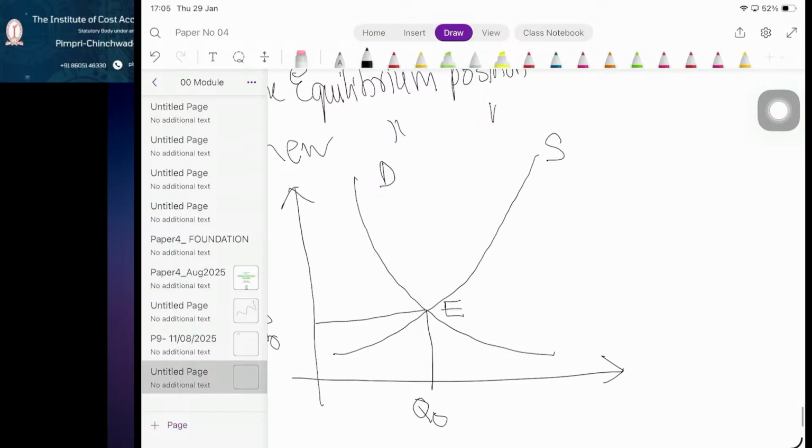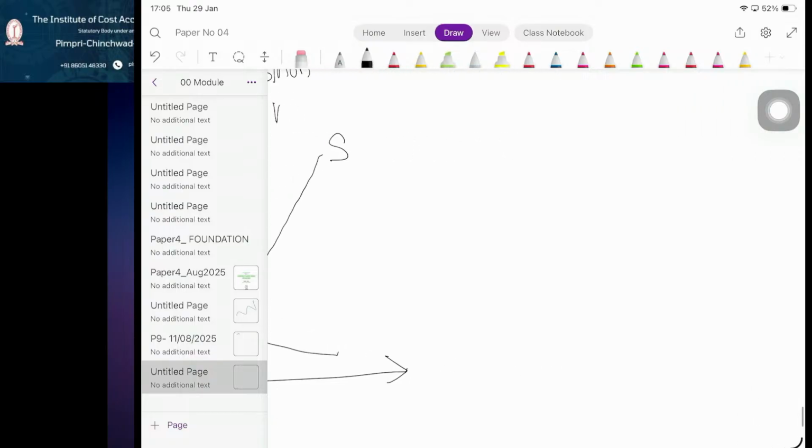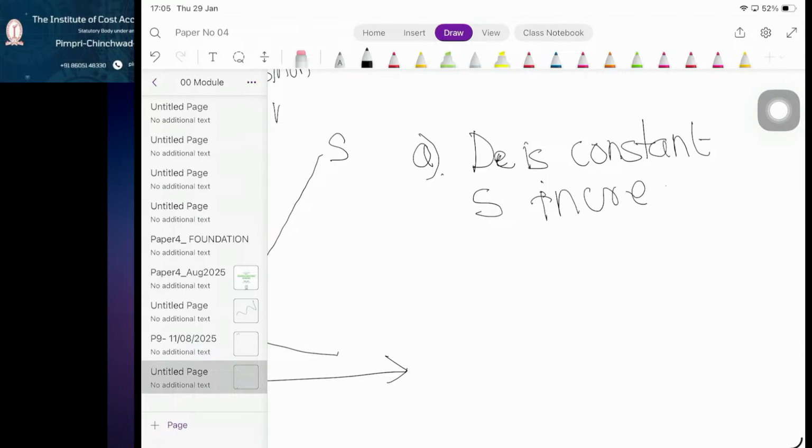Okay, what will be the effect? I want you all to draw a case where demand is constant, that is, it does not change, but supply increases.